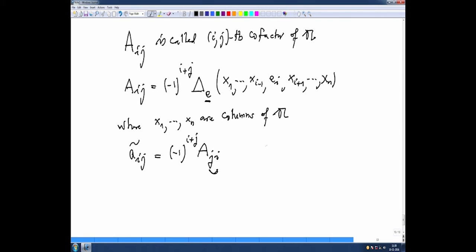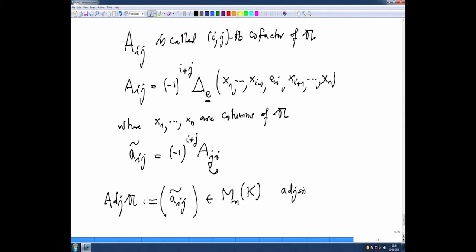This matrix Aij tilde is an n cross n matrix, and this matrix is called the adjoint of A. The notation is adj. This is called the adjoint of the matrix A.